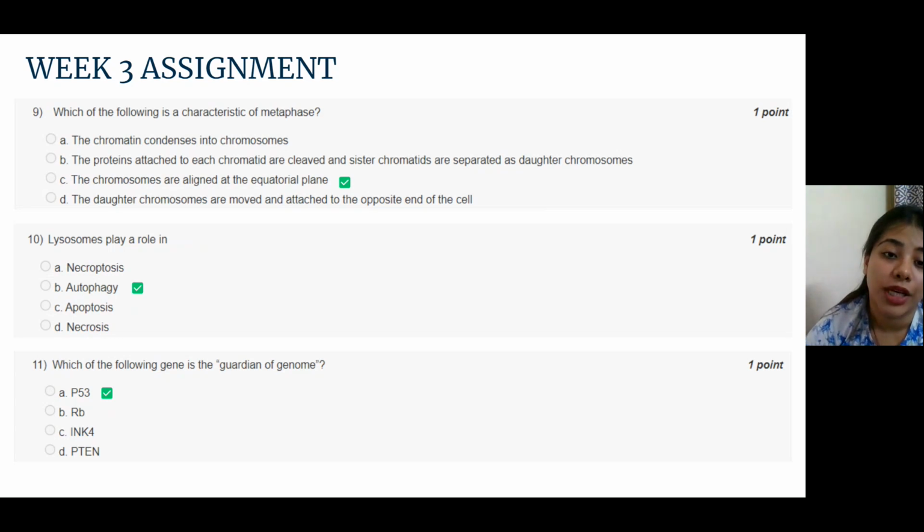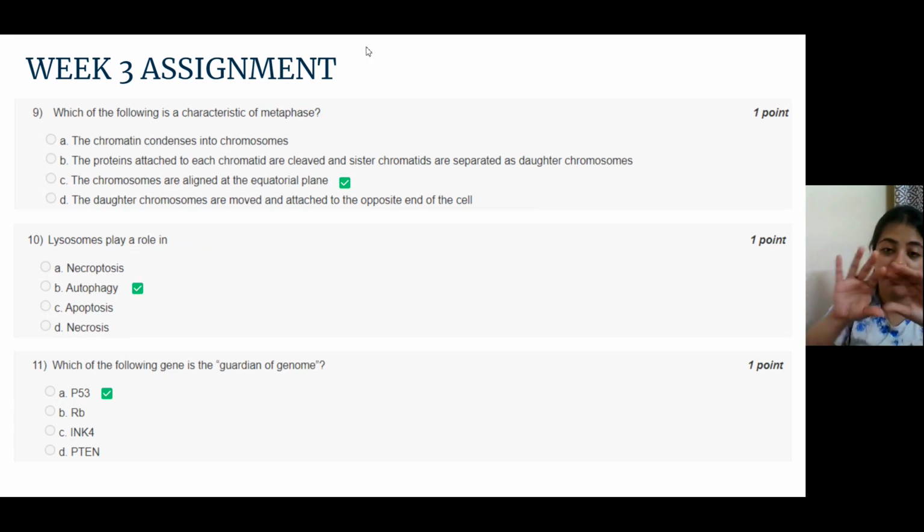The second is that proteins attached to each chromatid are cleaved and sister chromatids are separated as daughter chromosomes. We also discussed that the migration towards opposite poles takes place during anaphase. Then the chromosomes get aligned at the equatorial plane, which as we have discussed is obviously a feature of metaphase.